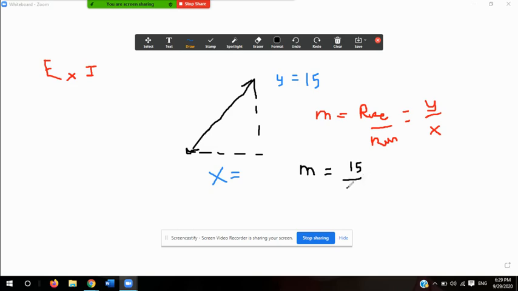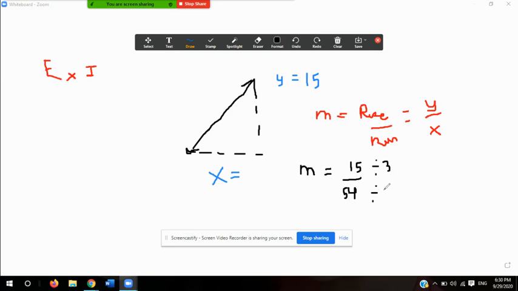And whenever we're working with rate of change, or any rate, which is a fraction, we always express it in its simplest form. So I'm going to divide, or reduce, 15 by 3. And I'm also going to do the same thing with 54. I'm also going to reduce it by 3.